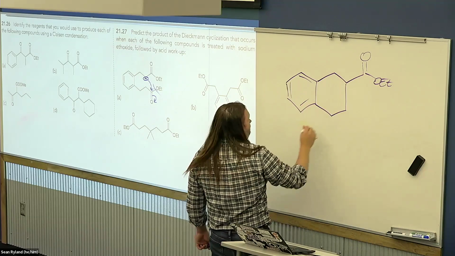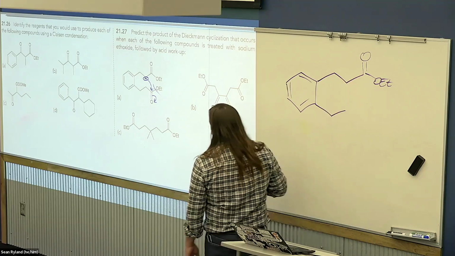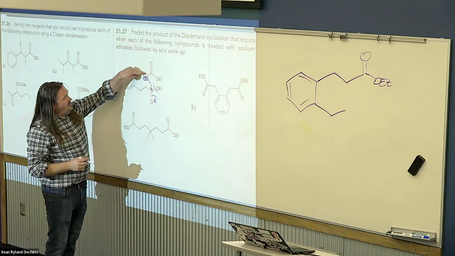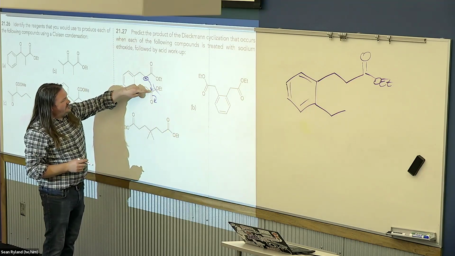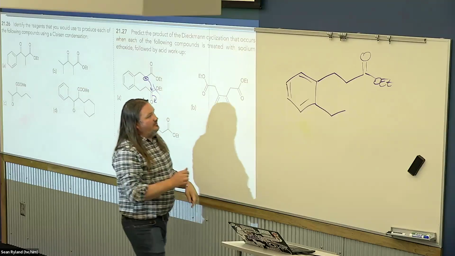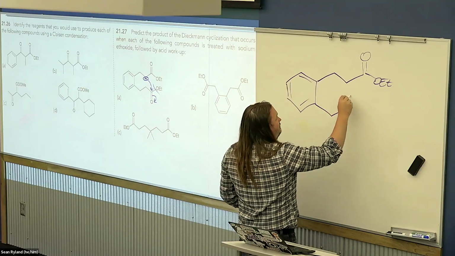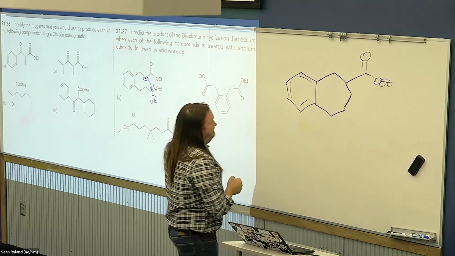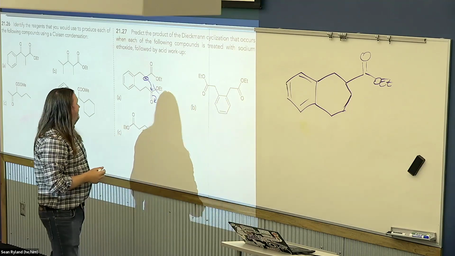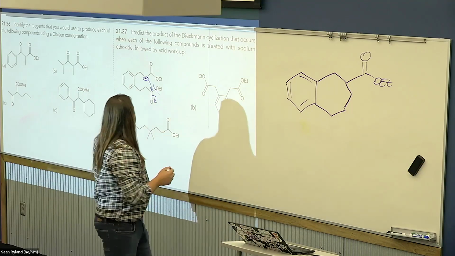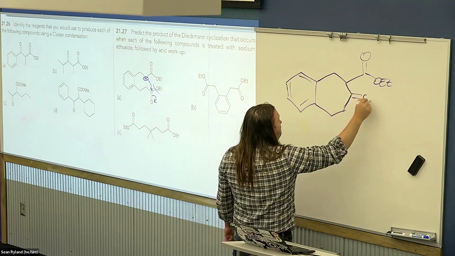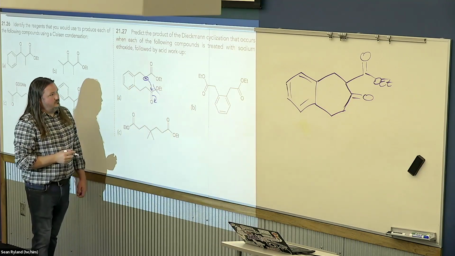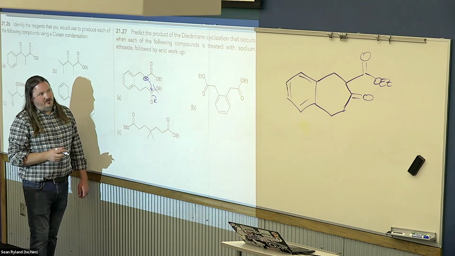We get a new bond. We are going to wind up with a 7-sided ring: 1, 2, 3, 4, 5, 6, 7. You just add another carbon in the middle, and then with a carbonyl attached. And we lost the ethyl group there.